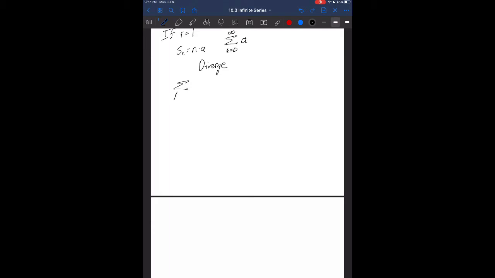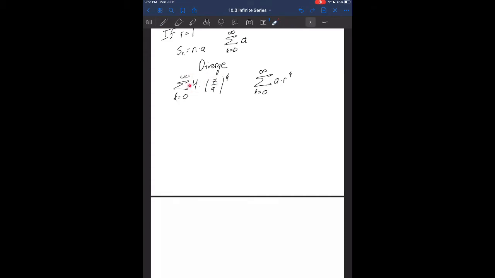The first example we're going to go through is the sum from k equals 0 to infinity of 4 times (7/9) to the k. And we'd like to compare this to the sum from k equals 0 to infinity of a times r to the k.